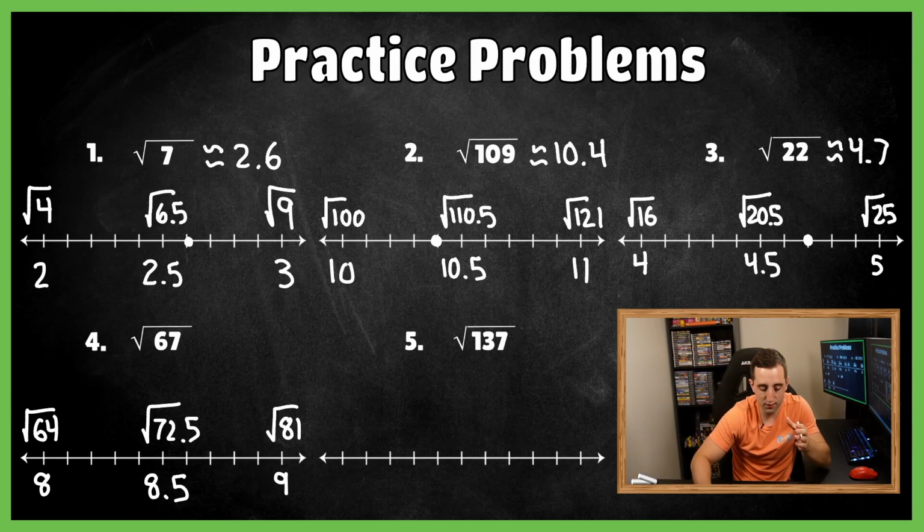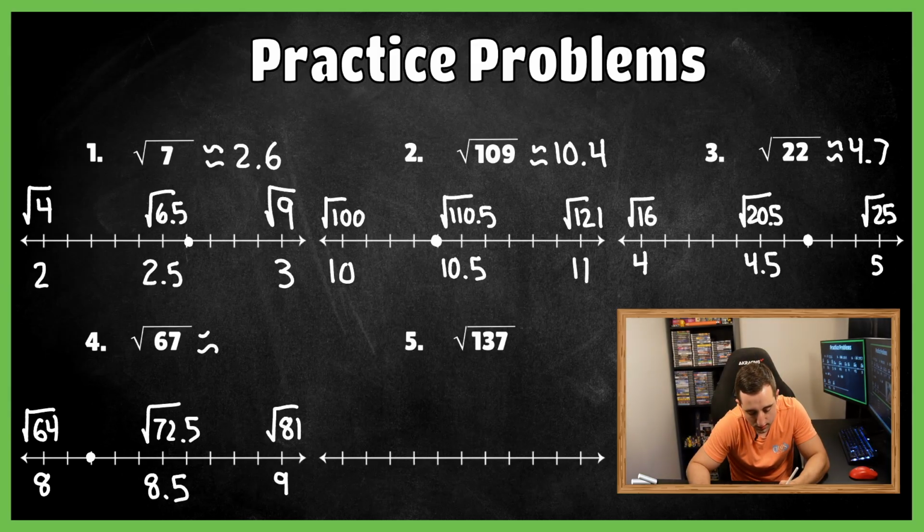And 67 falls on the lower half, so it's going to be between 8 and 8.5. 67 is only 3 numbers away from 64 versus being 5.5 away from 72.5. So it's leaning closer to 8 this time than it is 8.5. So I'm going to estimate this at about 8.2, right? It's still 3 numbers away from 8, but still leaning closer to 8 than it is 8.5. So our estimate for this should be 8 and 2/10.